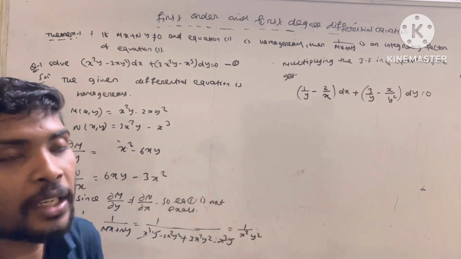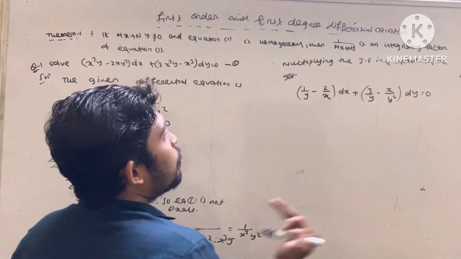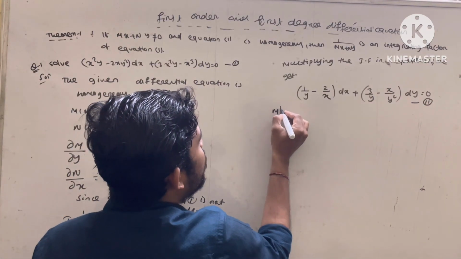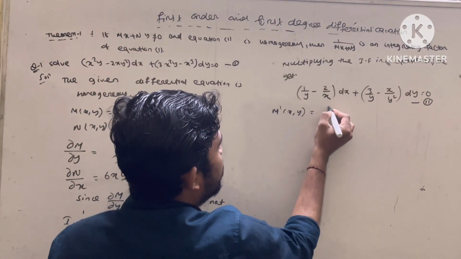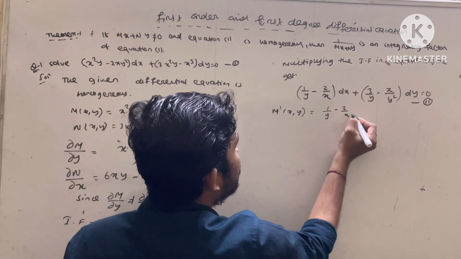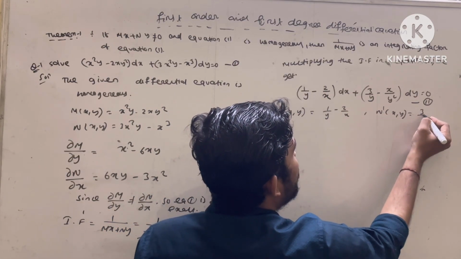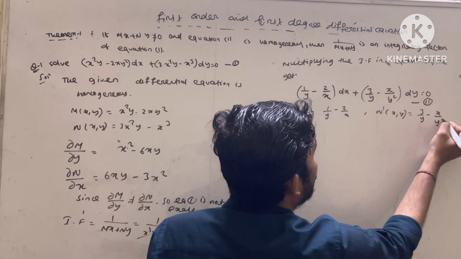Now you have to check the exactness of the given differential equation. So look here, take it as equation 2. Here M dash of xy is 1 by y minus 2 by x, and N dash of xy is 3 by y minus x by y square.